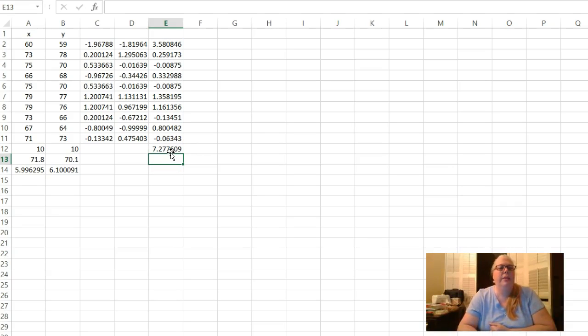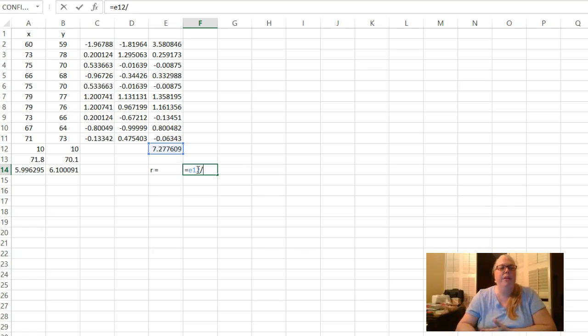And then finally, to get to my R, and this is what it had asked me to calculate, we need to take cell E12. All right, so we're going to take E12, and we are supposed to divide that by n minus 1.